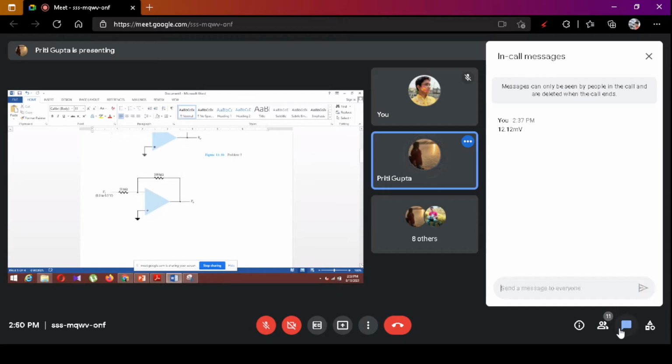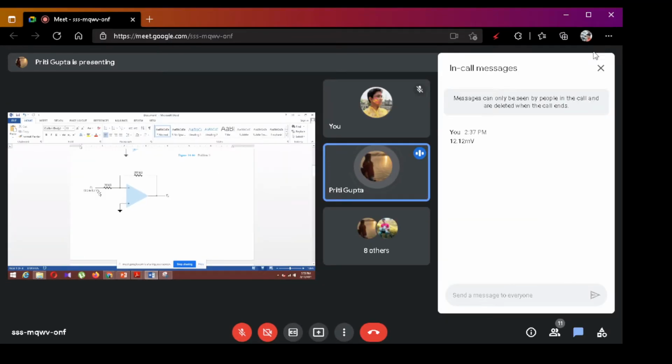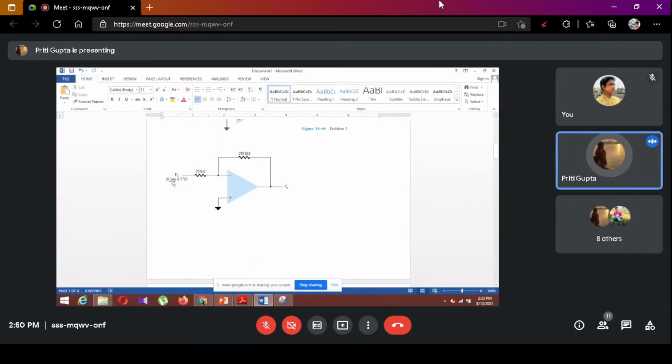This one. See, here also they have given 0.1 to 0.5 volt. This is your input voltage. So initially take 0.1, and for that find out the output.